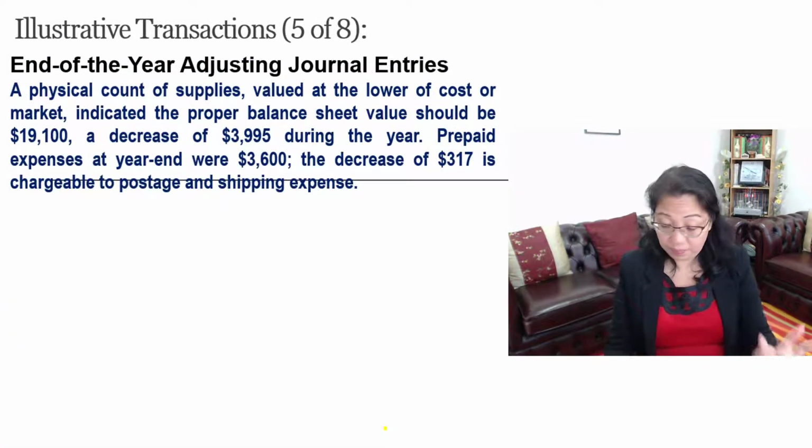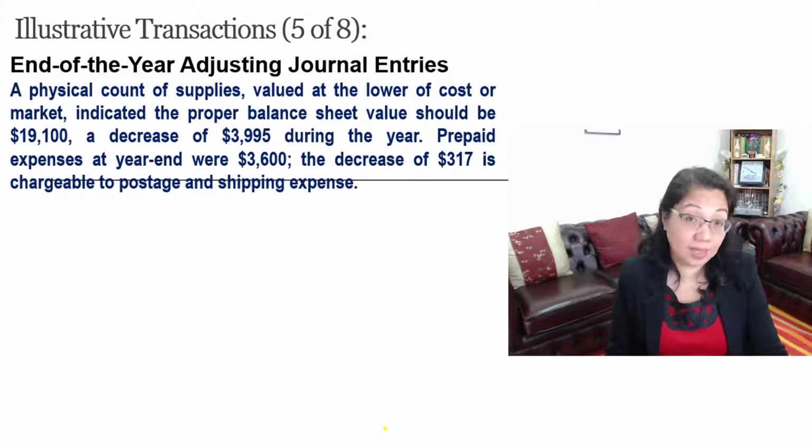Now, the end of year adjusting entries. The physical count of supplies valued at the lower of cost or market indicated the proper balance sheet value should be 19,100. This is what's left of the supplies. It's a decrease of 3,995 during the year. Prepaid expenses at year end were 3,600, and this represents a decrease of $317.